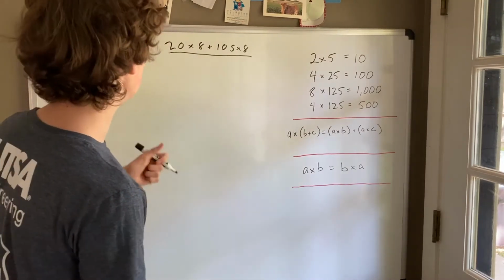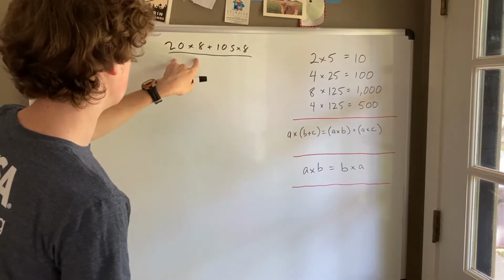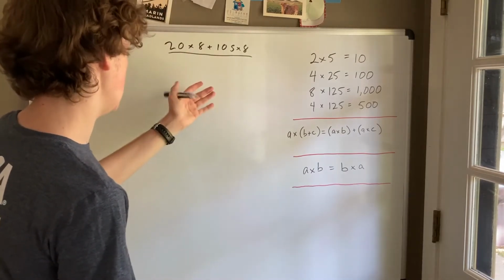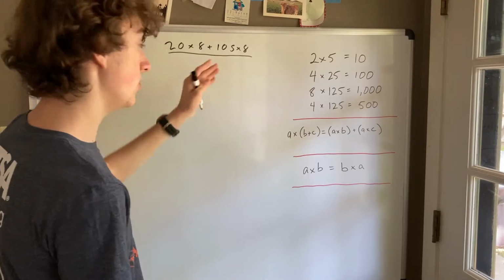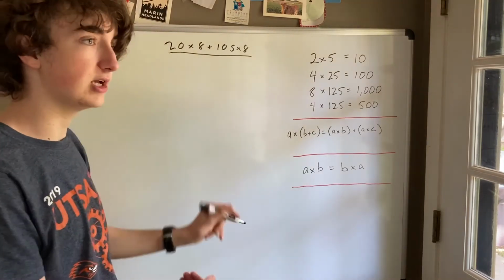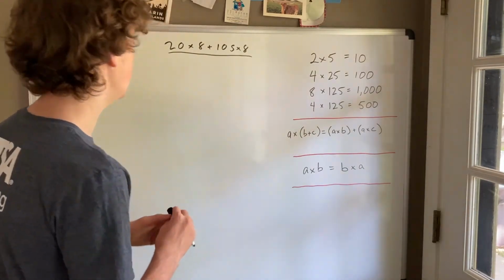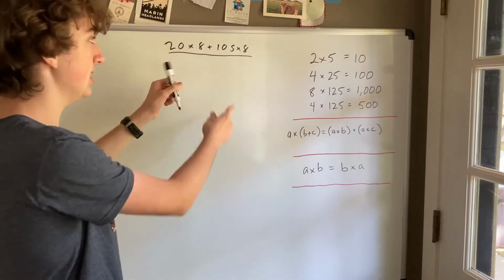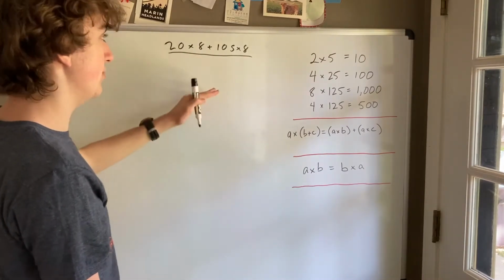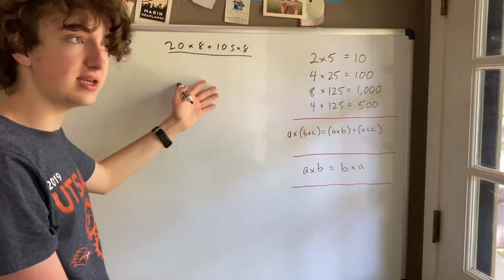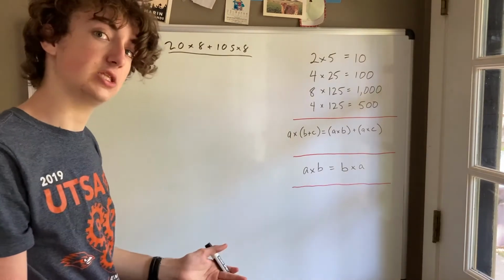The hard way is you have to multiply these 2 together and then these 2 together, and then you have to add that up. Or you can use the distributive property and make the problem much easier, because both of these are multiplied by 8, which means that if we add them together and multiply them by 8, we'll get the exact same answer as we would otherwise.